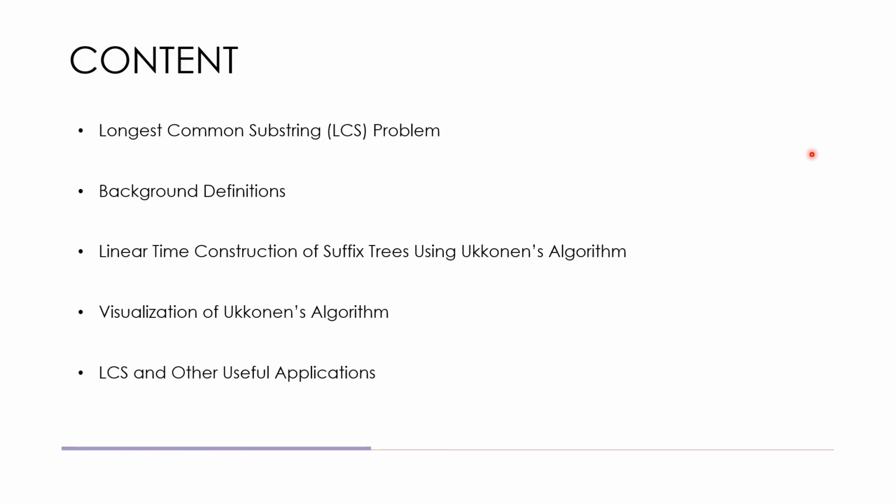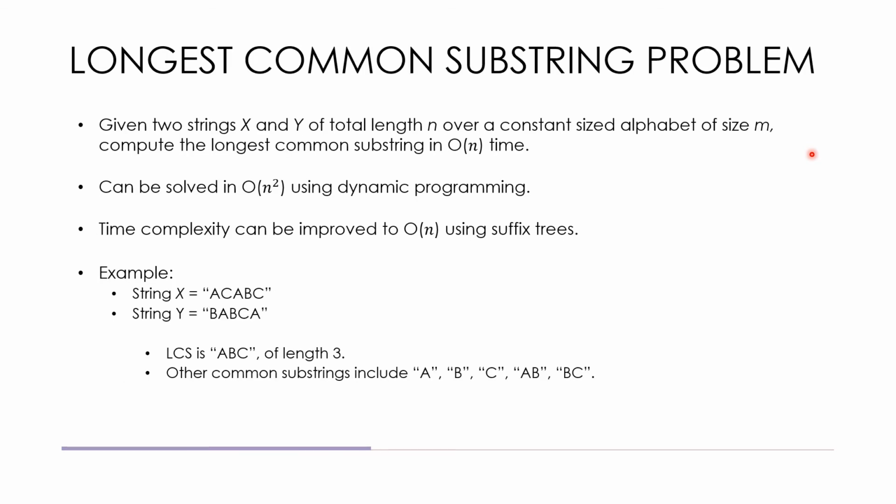So getting started, let's go ahead and talk about the longest common substring problem. And the problem basically goes like this. Given two strings, x and y, of total length n, over a constant sized alphabet of size m, we are asked to compute the longest common substring in linear time, so in O of n time.